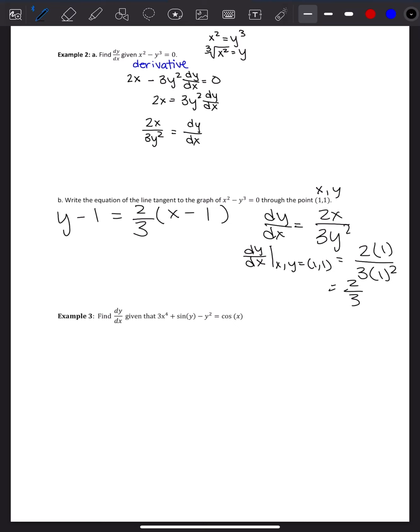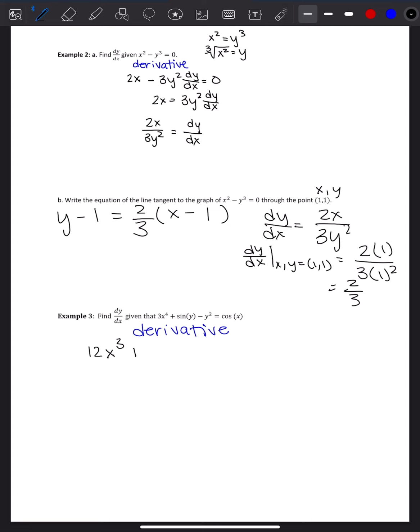Okay, now we have: find dy over dx given that 3x to the fourth plus sine y minus y squared equals cosine of x. So we are going to take the derivative. The derivative of 3x to the fourth is 12x cubed.